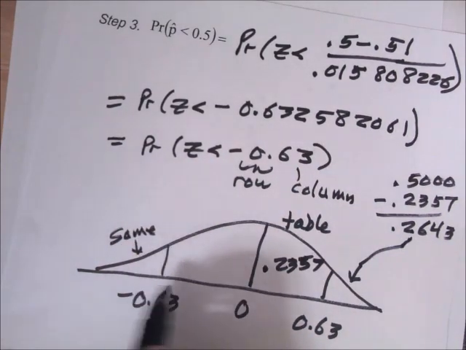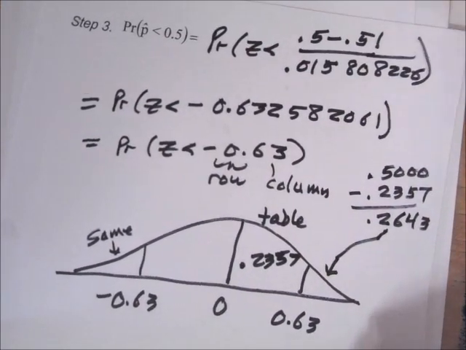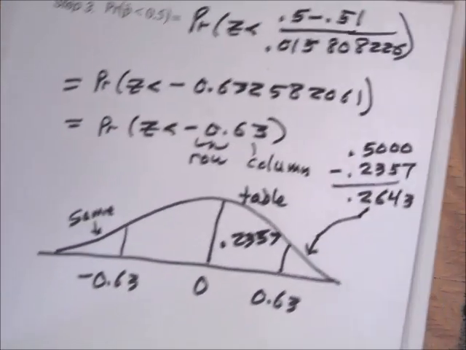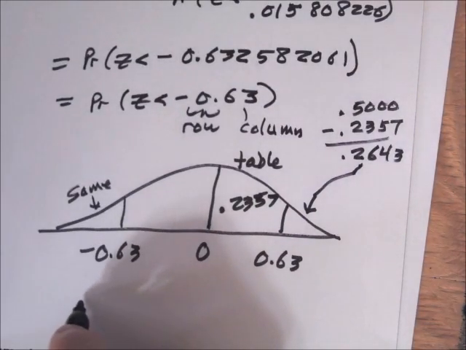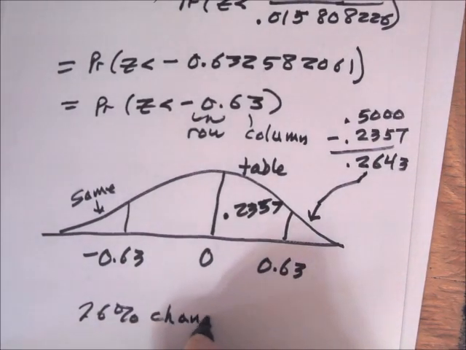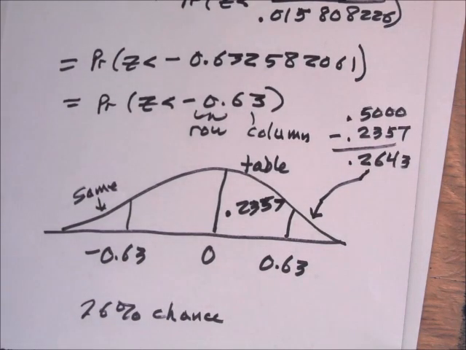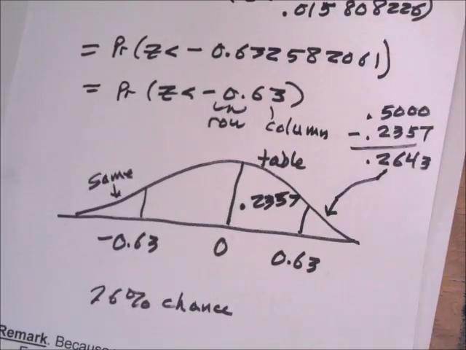This is actually what we want here, so it's approximately 26% chance of this happening. So before we got 25% chance, but this is a little bit off, but that's because we didn't use continuity correction.